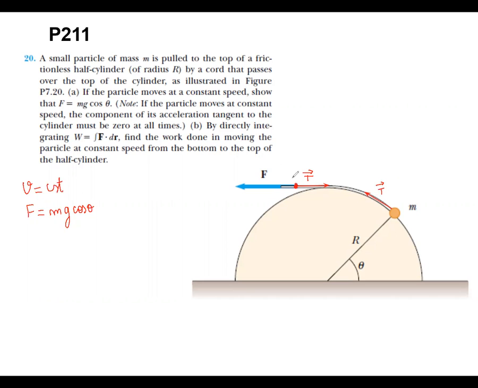If we take this system at this point, we have F to the left and T to the right, equals 0, because there is no motion.